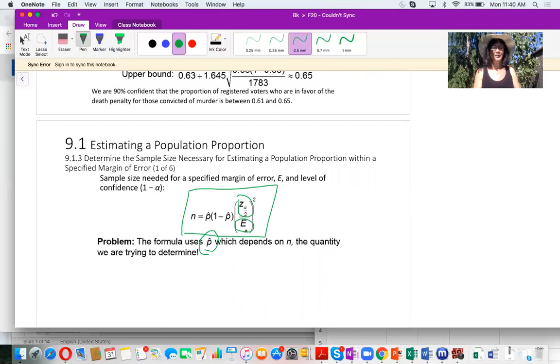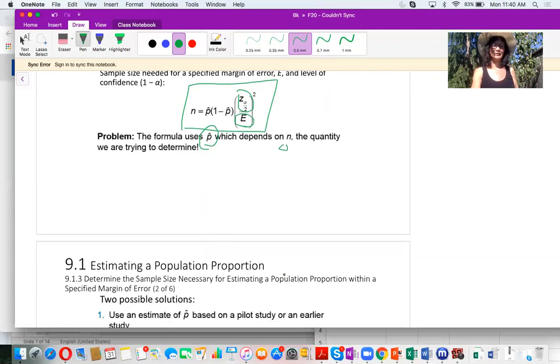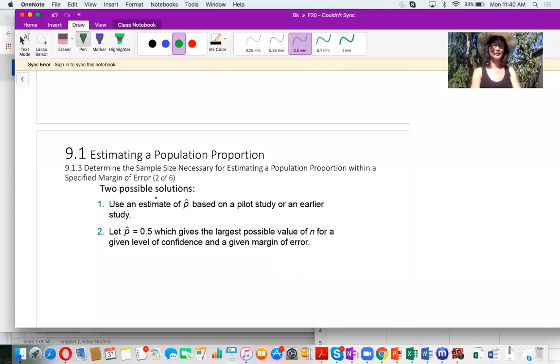Here, we have a dilemma. You can see this formula uses P hat. P hat depends on N, but we are asked to calculate for N. Okay? So how do we solve this dilemma? Two methods, two solutions.